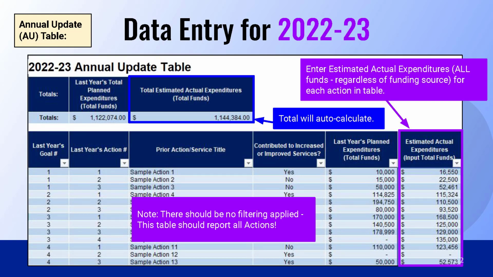The data entry you must do on this screen is to enter the estimated actual expenditures from all funds, regardless of funding source, that you anticipate expending during the 22-23 school year. Note also, for the annual update table, there should be no filtering applied. This table should report all actions that are in your LCAP.